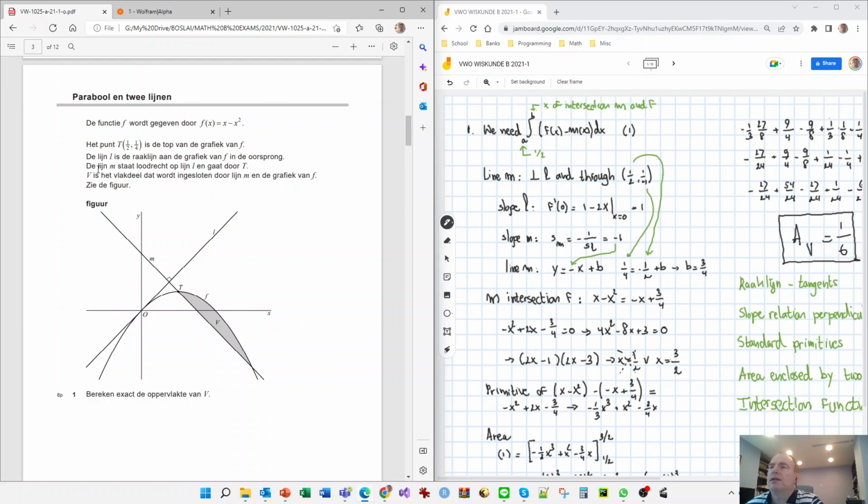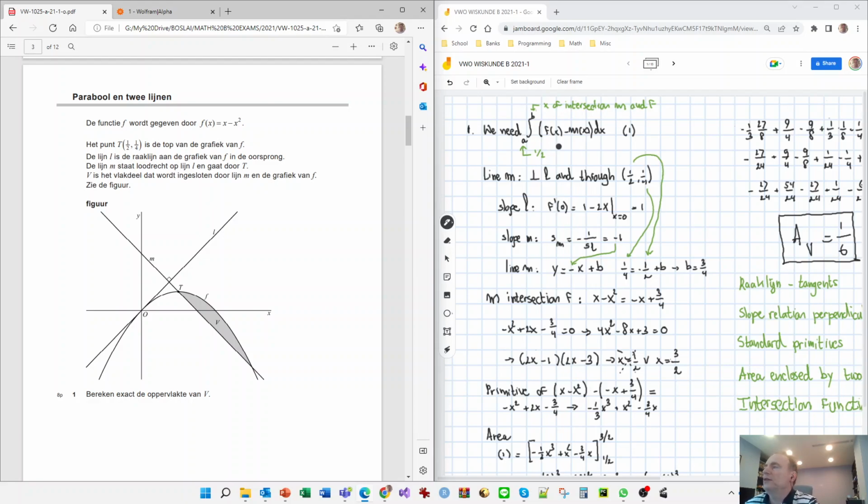And that one is perpendicular to a line M, which goes through this point T. And then we define a certain region phi, which is bounded by line M and the graph f. And what they're asking is calculate exactly the area of phi.